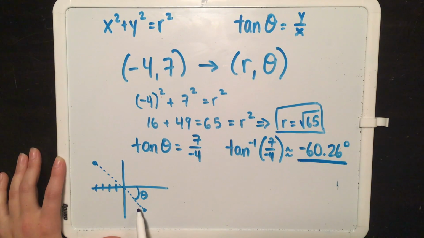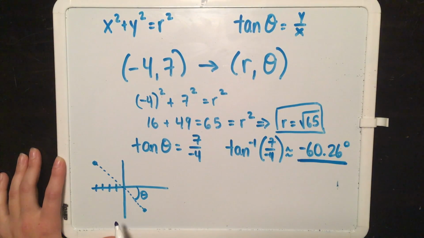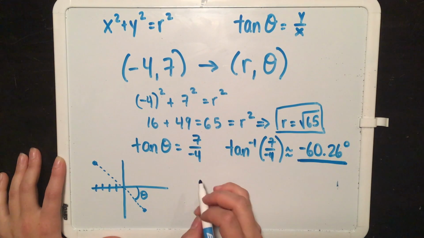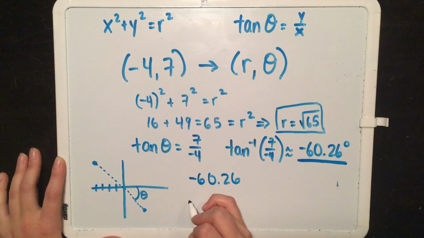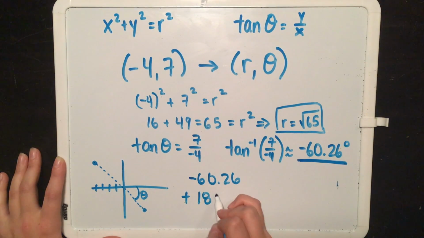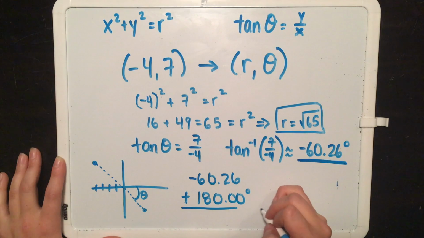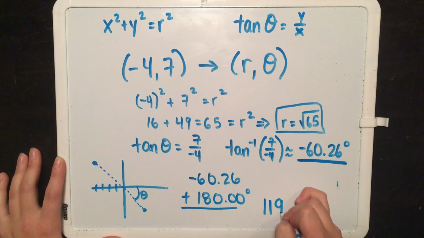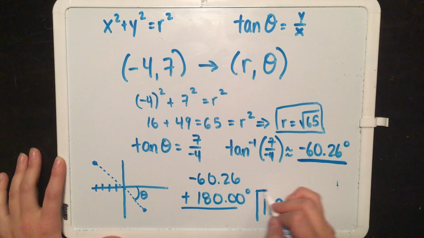So how do we get from quadrant 4 to quadrant 2 where the tangent of theta will still be the same? We have to take our angle and add 180 degrees to our angle. And if you do that, the new angle that we get is 119.74 degrees.